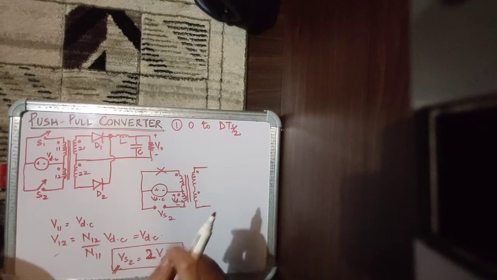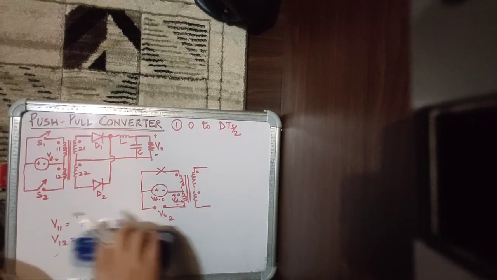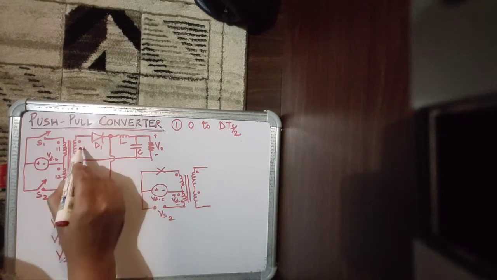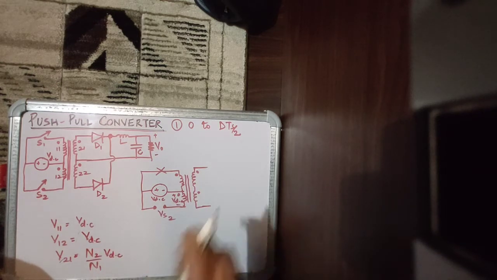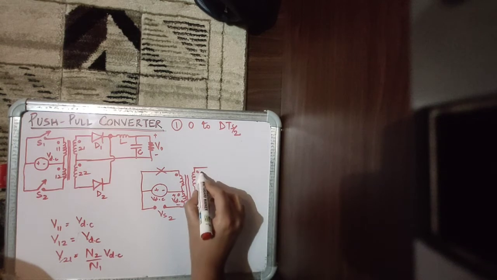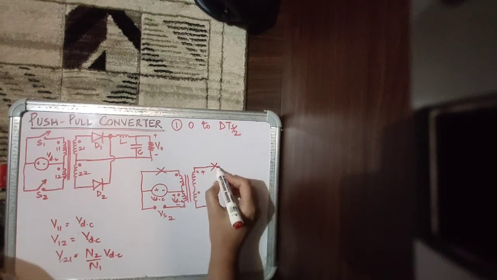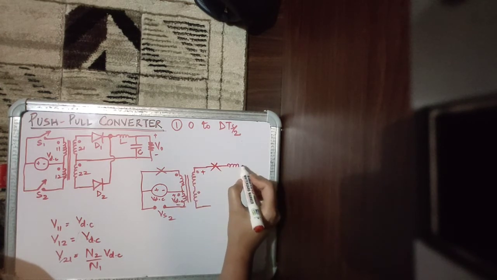Now what is the voltage induced in the secondary winding, say V21, this voltage? It will be N2 upon N1 times VDC, and the dot will be positive, as a result of which it will forward bias this diode, and then energy transfer will take place.